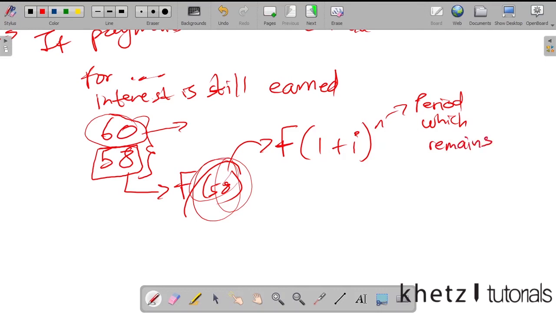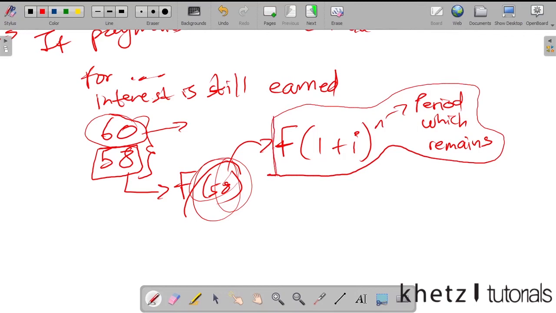And in this case, it would be 2 months, right? So you basically just make sure that it earns interest for the months that actually remain. And that is basically it. So you're left with 2 months, and you're supposed to make sure that it earns interest for those 2 months, even though you aren't making payments for the extra 2 months, right?